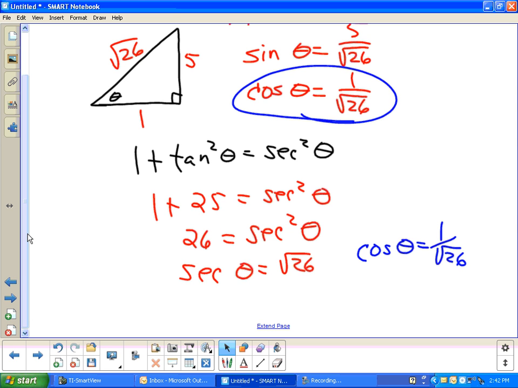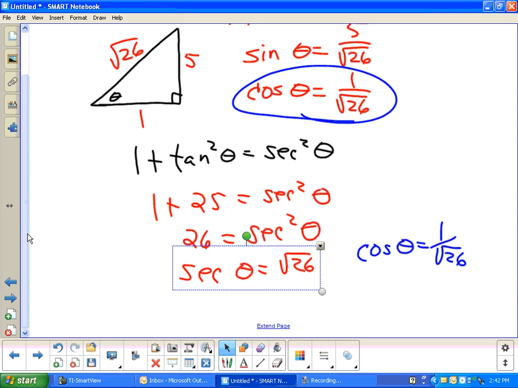And if the square is 26, then that means secant is just square root of 26. But cosine is 1 over secant, I should really say, from your very first identity. So cosine is 1 divided by secant, which is square root of 26. That's how we got it.